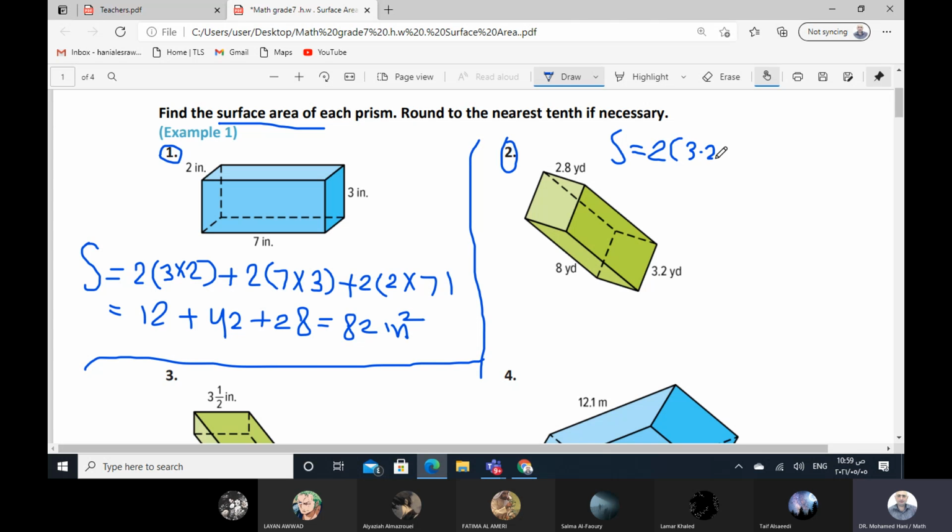3.2 times 2.8. Plus, here we have a face and we have the back, the opposite face, parallel and congruent with the front face.